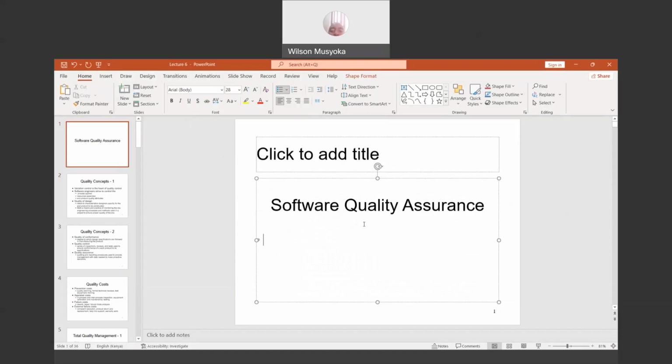That is functionality. You will always hear of reliability. You will also hear of operability.